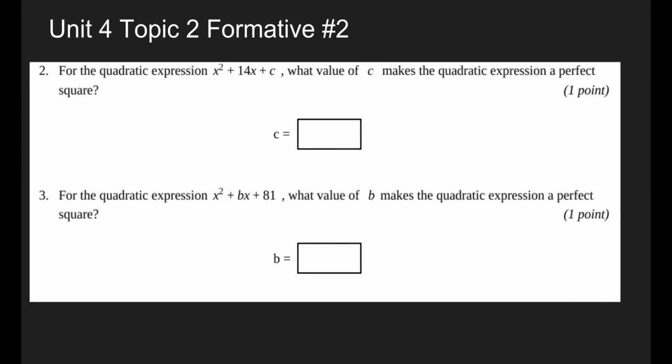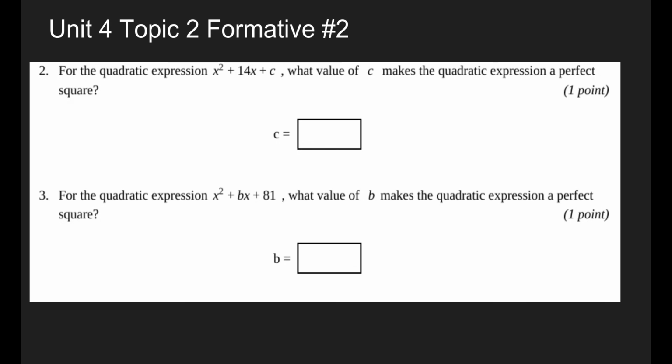Number 2 and number 3 on this particular formative assessment really measure whether or not students understand what it means to have a perfect square trinomial and some of the relationships. So for example, in number 2, we're looking for the value of the constant that makes the trinomial a perfect square.